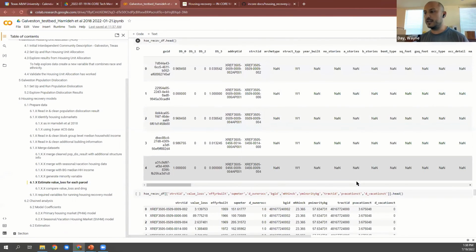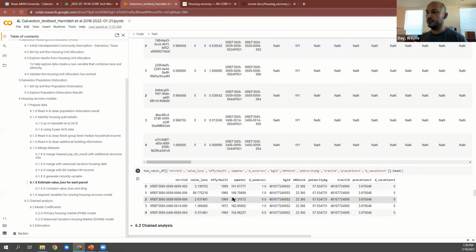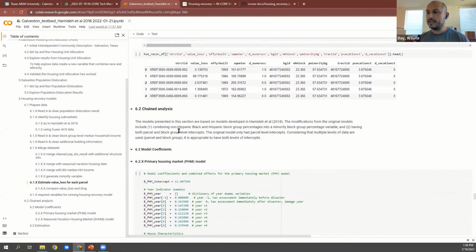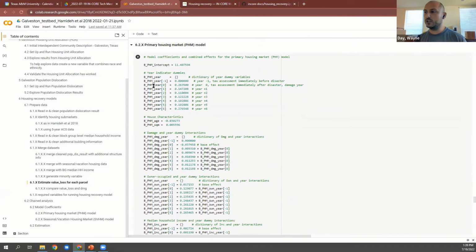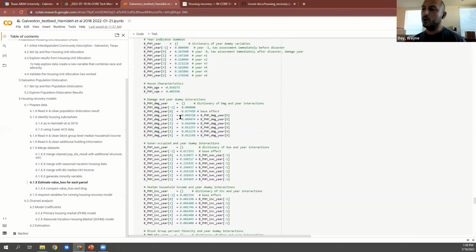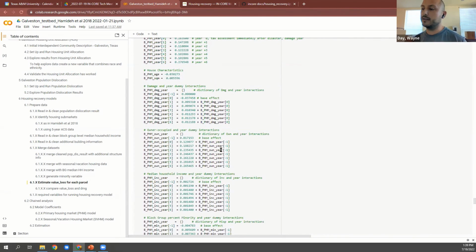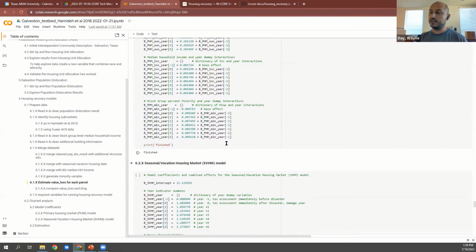Now we're getting into showing, for each parcel, what variables are needed to predict building value change over time. These were the variables, and then we get into the actual analysis. This section of code has the coefficients stored in dictionaries that we later use in a multiplicative and additive formula to come up with predicted building values.